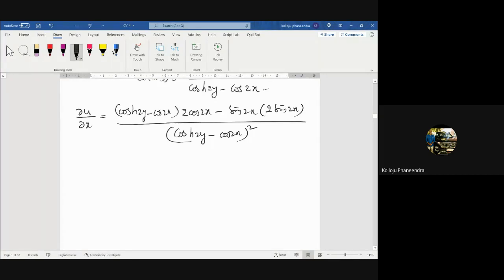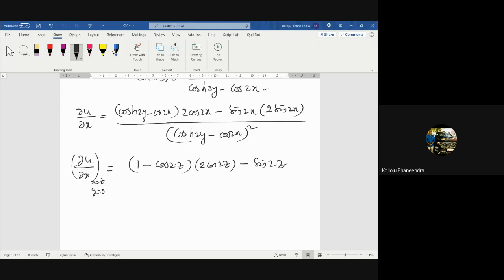Now this equals, instead of simplifying, immediately you calculate this dou u by dou x at x equal to z, y equal to 0. Cosh 0 is 1. Next, this is cosine 2z you will get, and here also 2 cos 2z you will get, and sine 2z, sine x terms only, right?